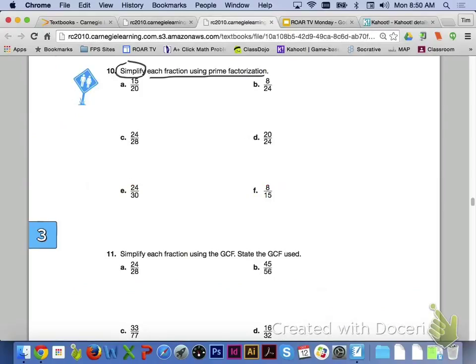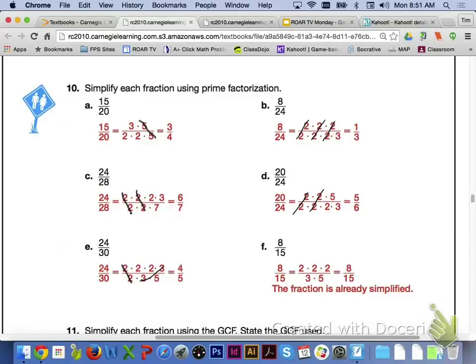Let's turn to page 160 and practice a little bit with his method. Let's simplify each fraction using prime factorization, so go ahead and do letters A through F with your group members. For letters A through F, I did go ahead and cross off the factors that divided out, so it's very similar to the example that you saw on the previous page.